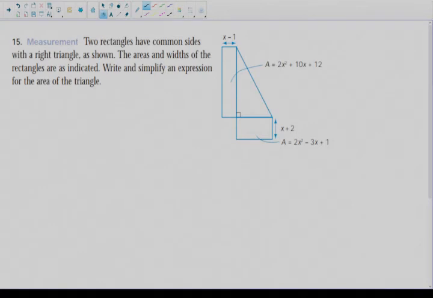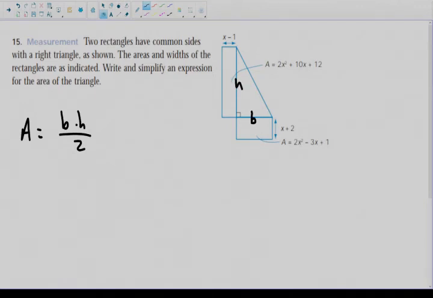So when I read a word problem like this, usually the first thing I'll start with is the last sentence and try to focus in on what exactly am I asked to find. They're asking me to find the area of a triangle, so let's identify what that is. The area of a triangle is base times height over 2. So what do I need? I need the base length and I need the height, which are not given to me.